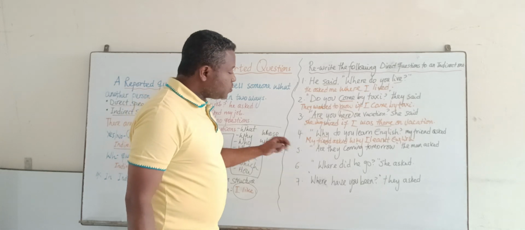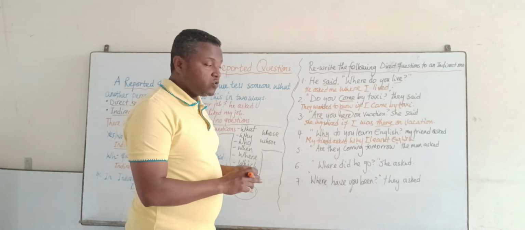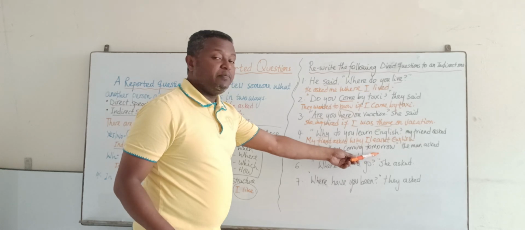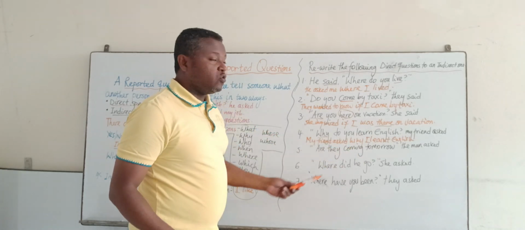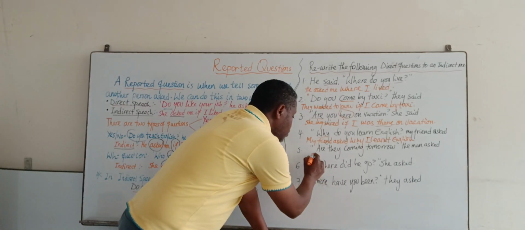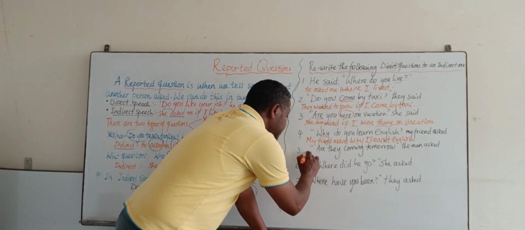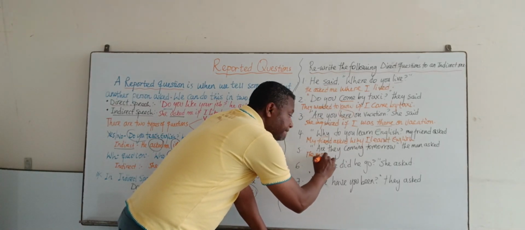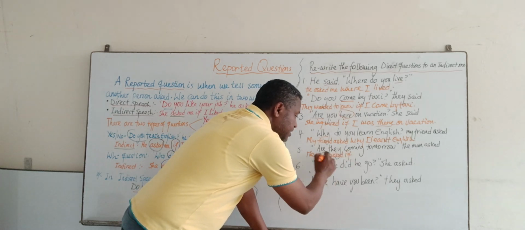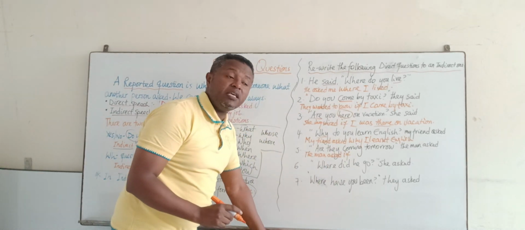And the next one, are they coming tomorrow? So it's present continuous. We have the time phrase tomorrow. So we need to change all these things. The man asked if, because it is a yes or no question, we use if.